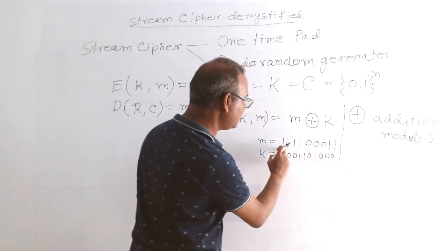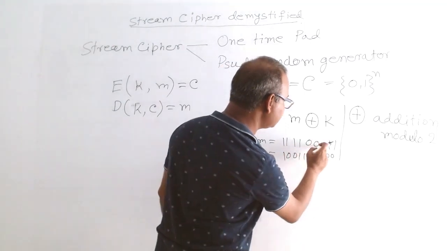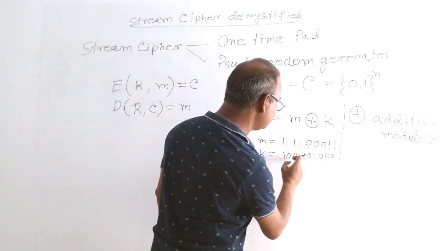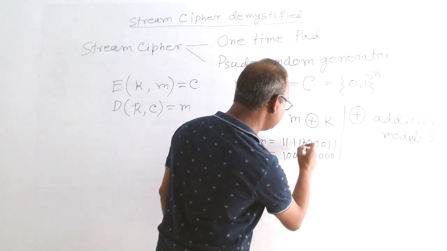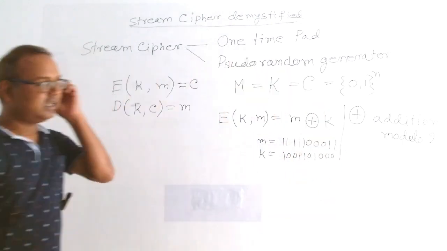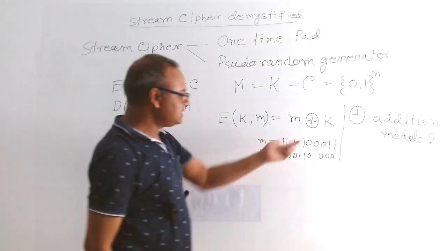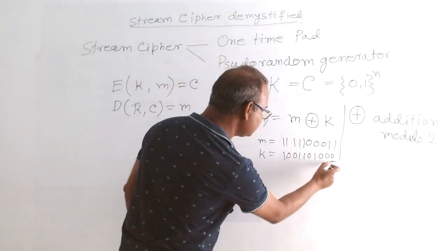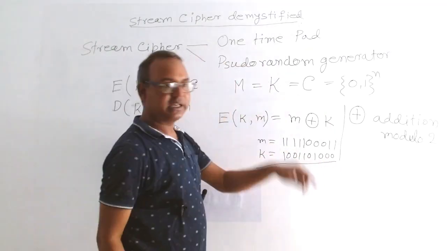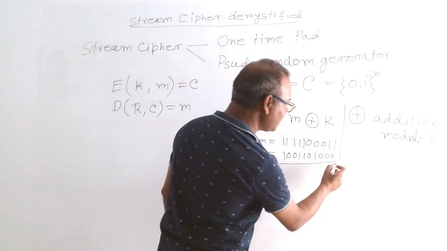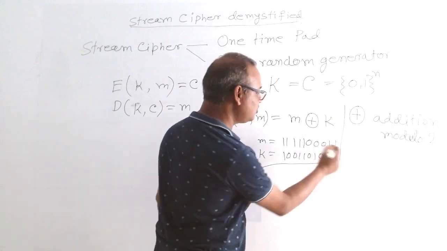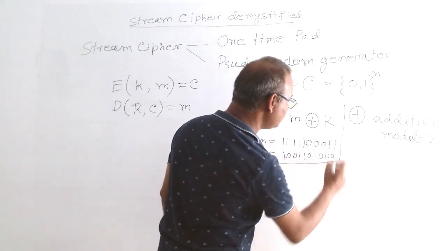Let's say this is our message and this is our key. So what will be the ciphertext? We'll make addition modulo 2. 1 plus 0 is 1. That is less than 2, so the remainder will be 1. So it will be 1.